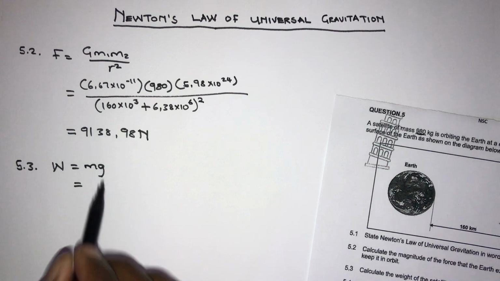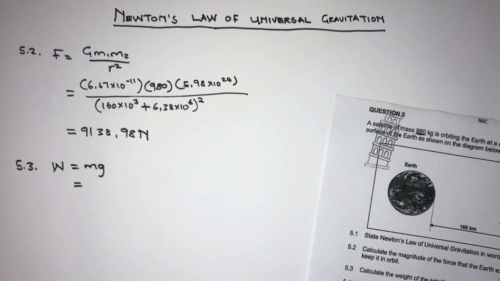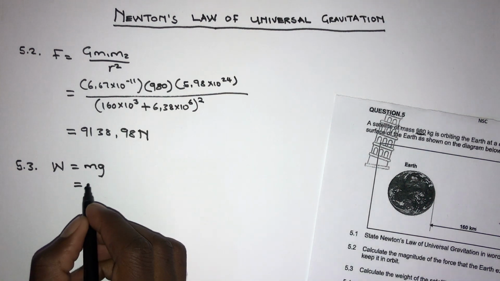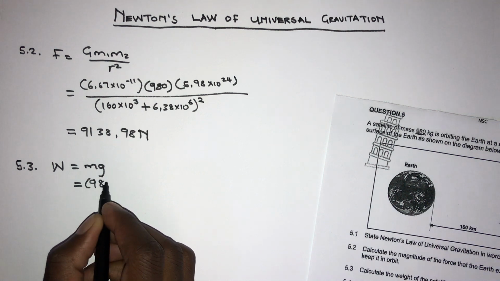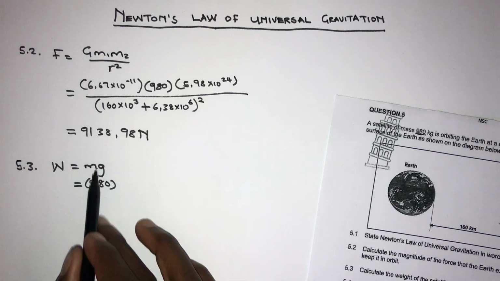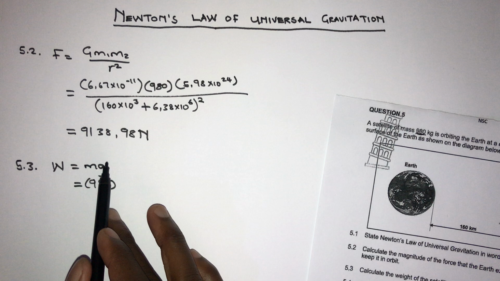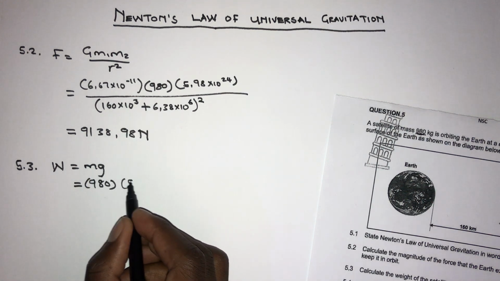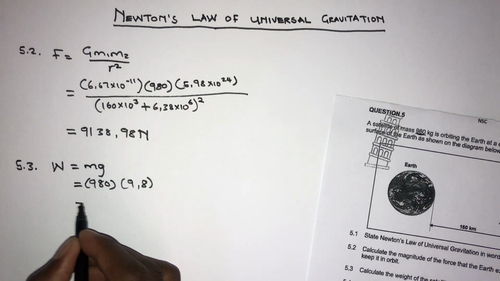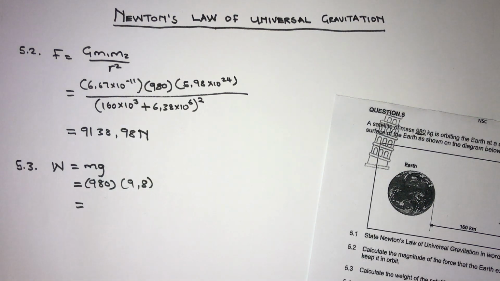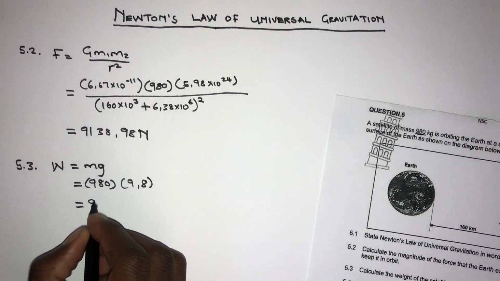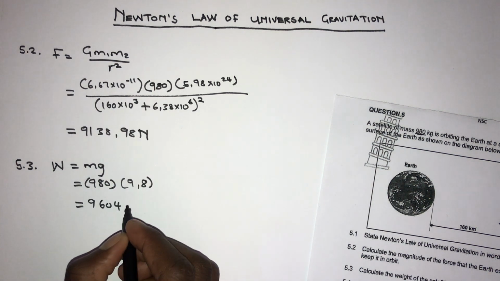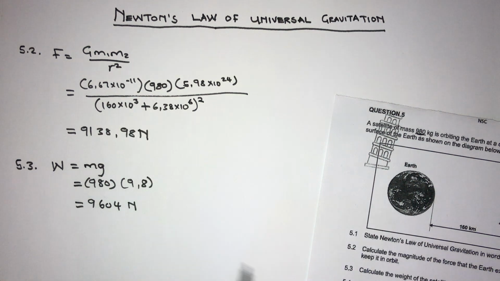Since they're talking about the satellite, the mass of the satellite was given as 980 times g. We're talking about the Earth, so this is the gravitational acceleration on Earth, which is 9.8. So from here, the answer is going to be 9604 Newton.